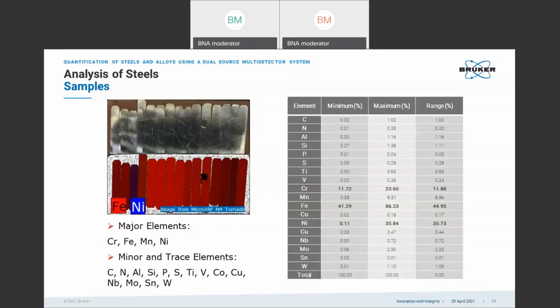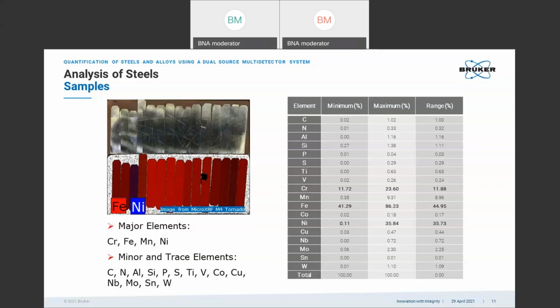Here are some data on the spread of contents of the Army steel set. Major elements for both sets are clearly chromium, iron, nickel, and also manganese for most of the steels.